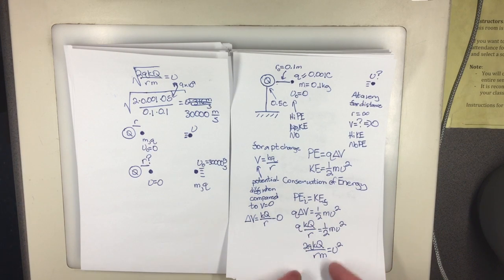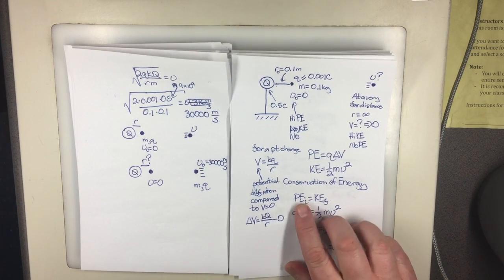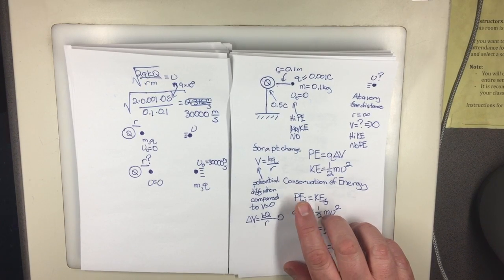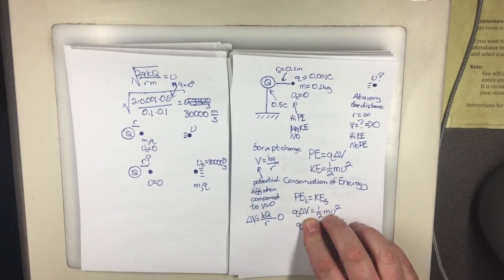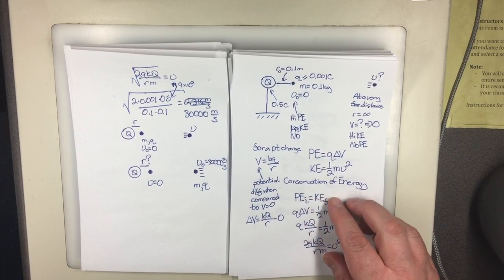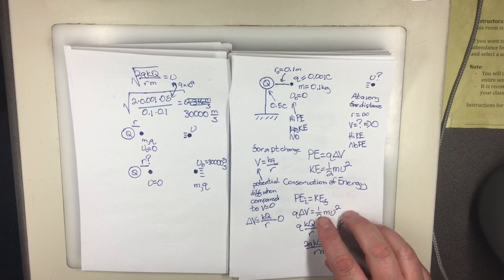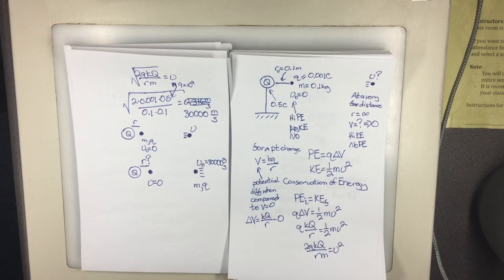It's the same problem. Instead of the potential energy being initial, Q delta V, it's potential energy final, Q delta V. Instead of kinetic energy final, it is kinetic energy initial, which is 1/2 mv squared. It's just flipped around. So you throwing the ball at me, let's say I'm the big charge and you throw a ball that's charged, it would come to a stop. And I would say, well, how fast did you throw it? Oh, I threw it 10 meters per second.